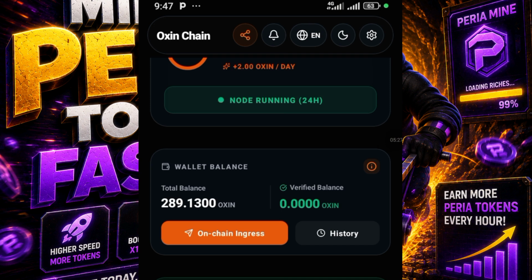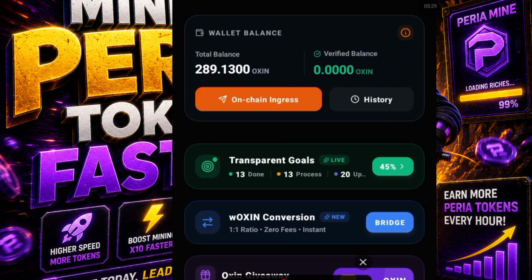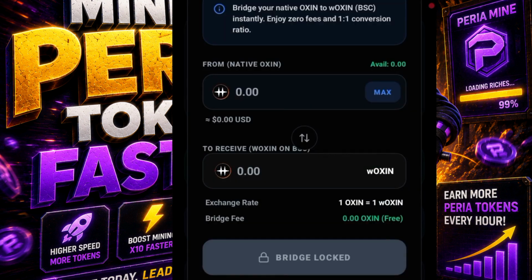Another thing is that they have done a partnership with Bybit currently, so you'll be able to send your Oxin and get USDT directly from Bybit. I will be creating another video on that, but let me just show you the bridge. When you come to wOXIN conversion, that can only work on your verified balance. But since I don't have anything on my verified balance, that's why you see it is zero available. And you can see from native Oxin, and they say the ratio is 1:1.